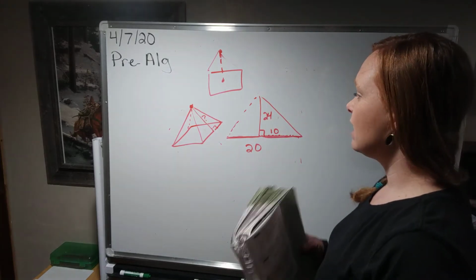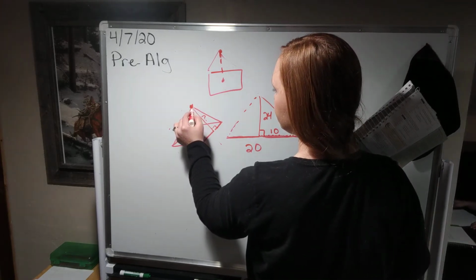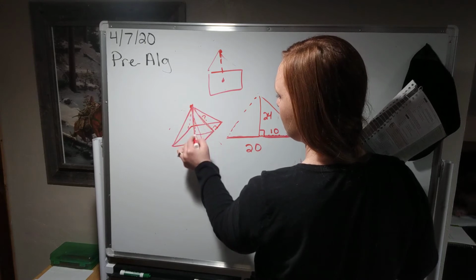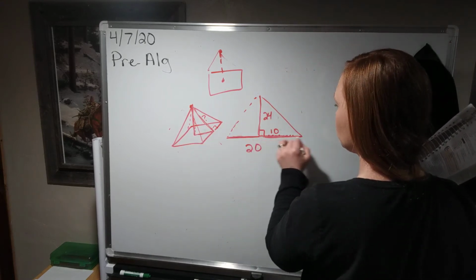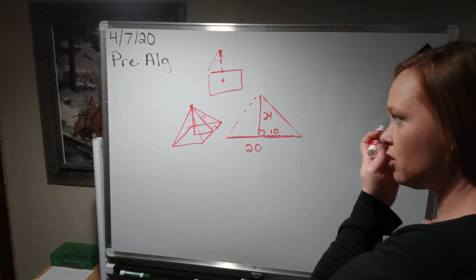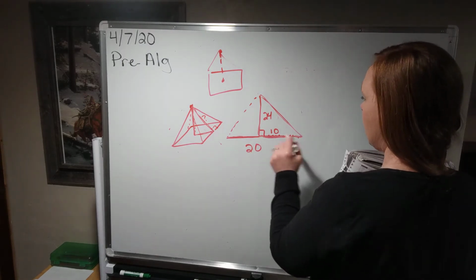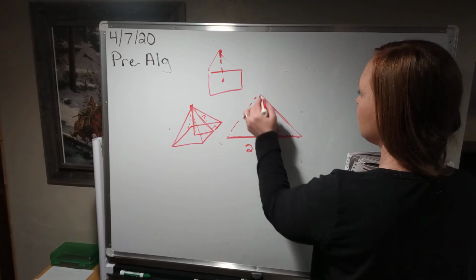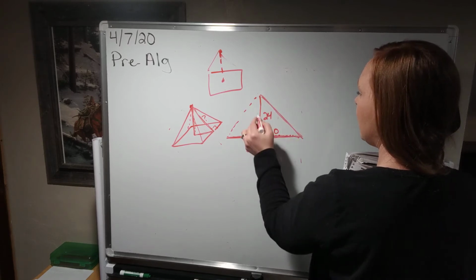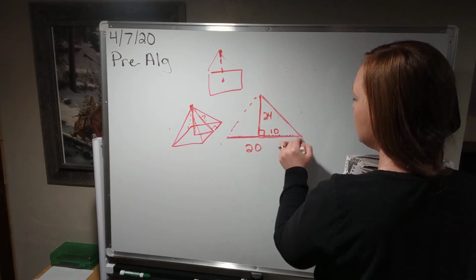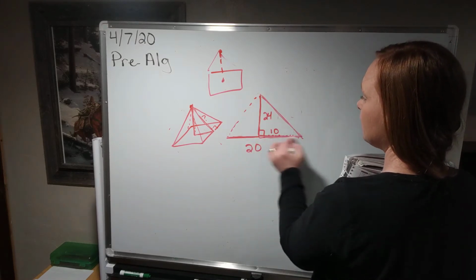Okay? So what I've done is I've just taken this, do you see this triangle within? And I've taken it out and I've just drawn a right triangle right here. So, what we want to do now is to find the slant height, we have to find the missing length of this triangle.